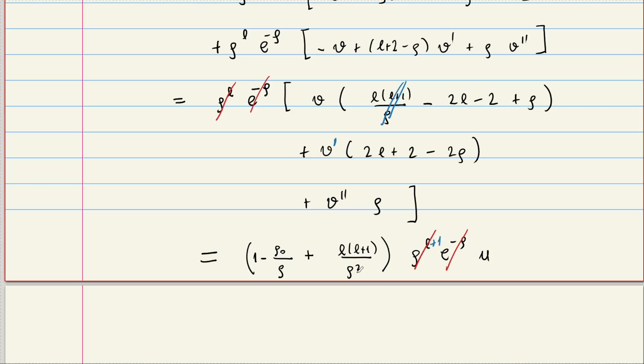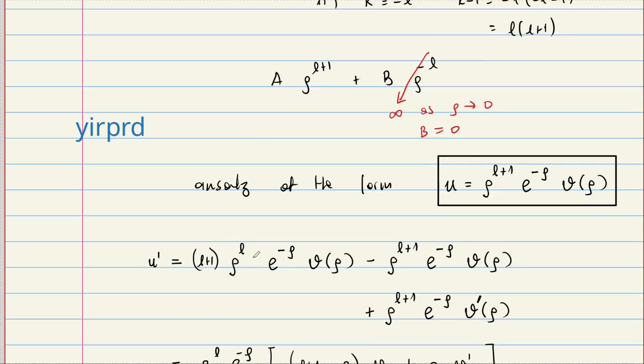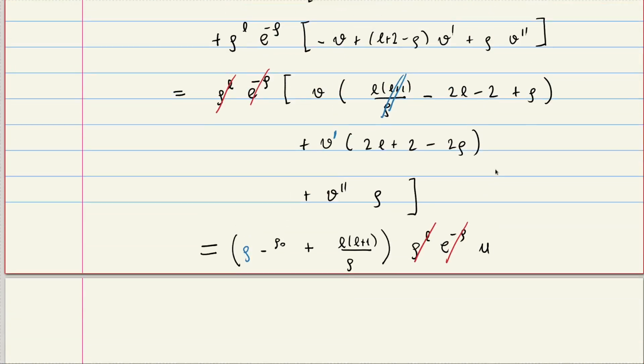I pushed one row inside. So this is rho. So this one is gone. And this, okay, so this one is going to be rho, right? Because our ansatz is L plus 1, not L. Okay, good. So now this one cancels this.